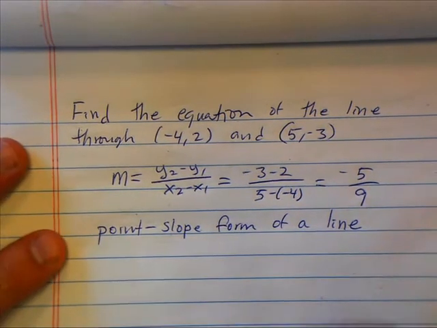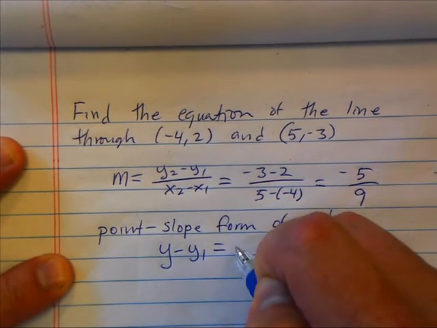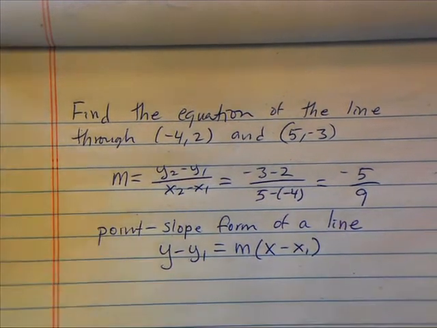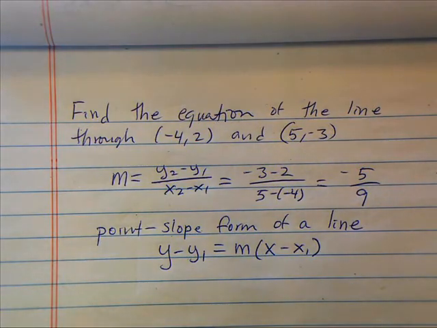This one is y minus y1 equals m times x minus x1. What's m? Slope. And what's x1, y1? That's a point. It's any point on the line. It doesn't have to be the y-intercept. It can be any point at all. So I can use this formula to find the equation of the line.